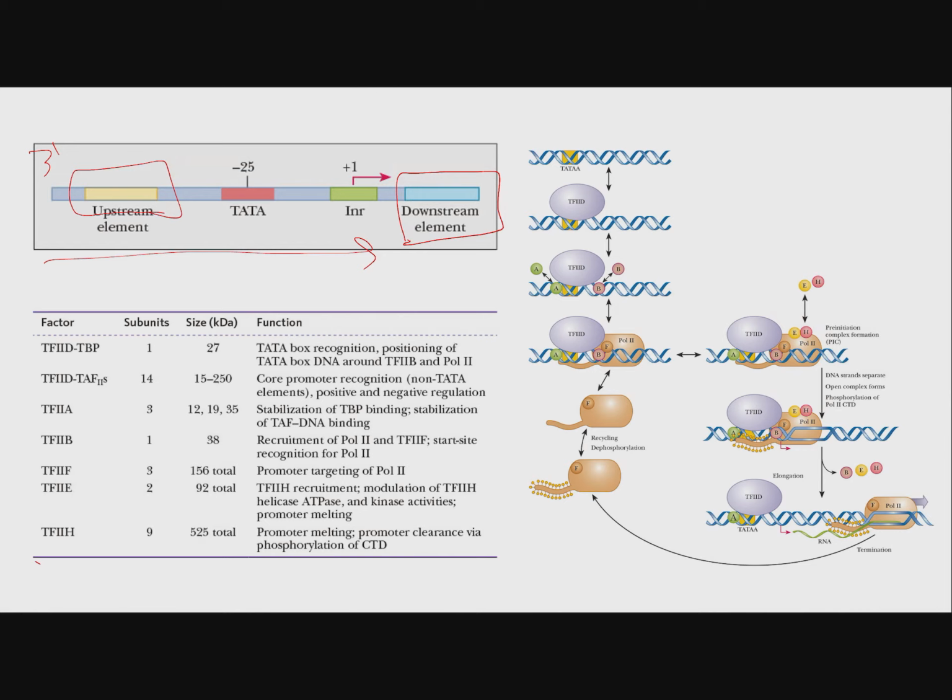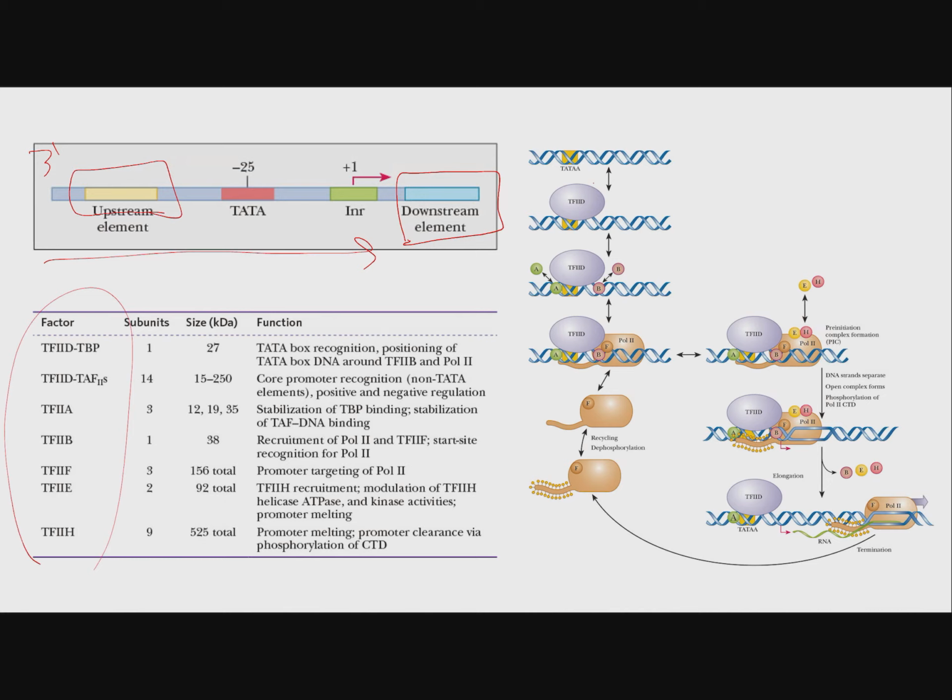Now, any protein that's not itself a subunit of polymerase II is what we would call a transcription factor. And you've got a lot of transcription factors. Transcription will begin by forming a pre-initiation complex where RNA polymerase and general transcription factors bind to the DNA.